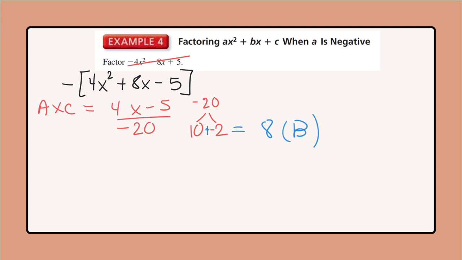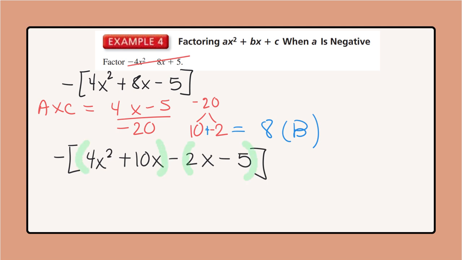So let me rewrite everything. I'm going to use still my bracket. I'm left with 4x squared plus 10x minus 2x minus 5. And do the same steps. Separate them by binomials. So we're going to be left with negative. What can I distribute out of that first one? The GCF of 4 and 10 is going to be 2.